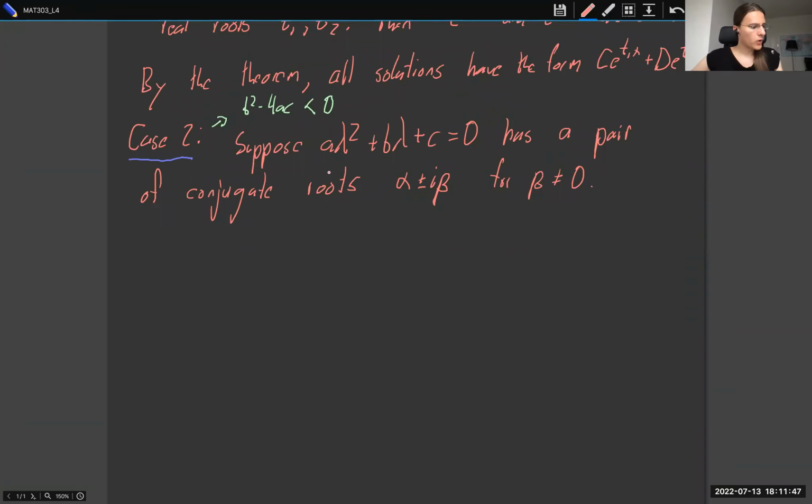Cool. So what happens now is, e to the (alpha plus i beta) x and e to the (alpha minus i beta) x are solutions.